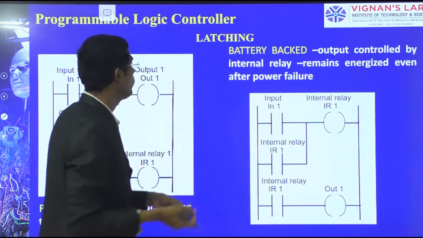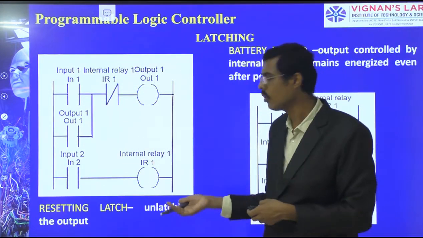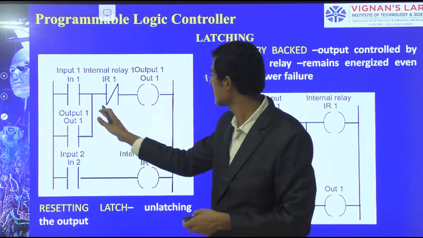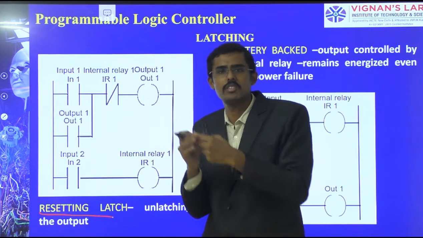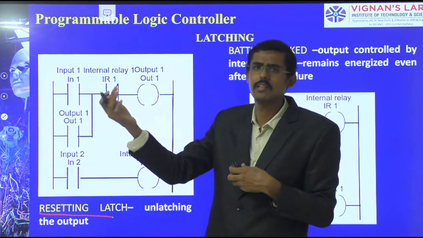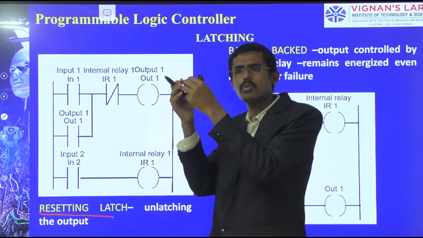Now you see, some other latching process also we should discuss. In such a way, here I want to reset the action. This action is to be reset. For example, say we take a timer or a counter. I want to give a time of 15 minutes, then the same process should be repeated again.